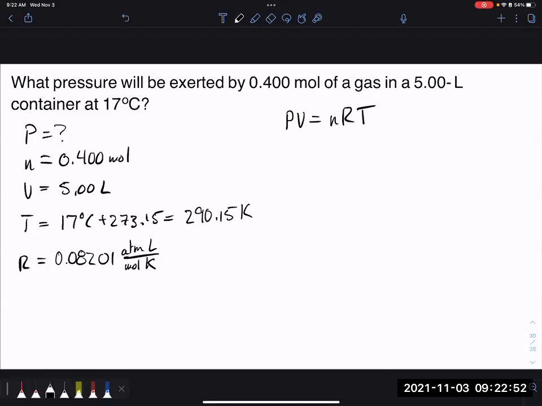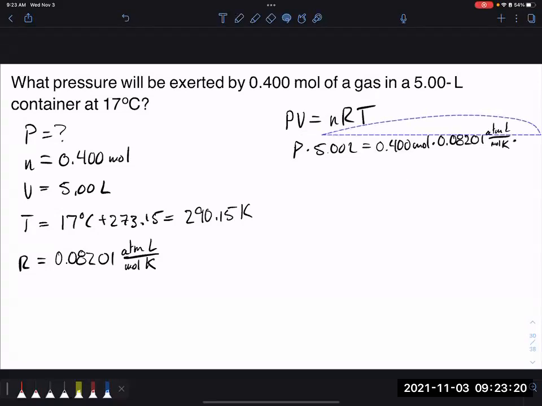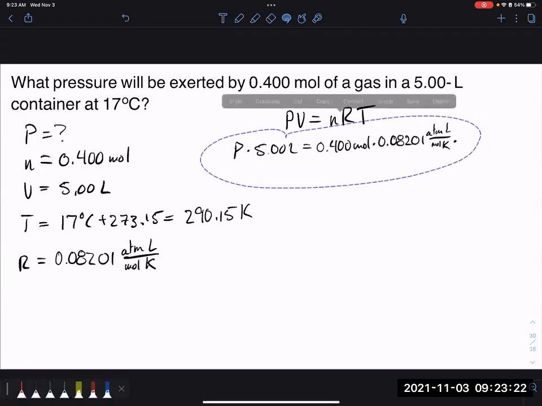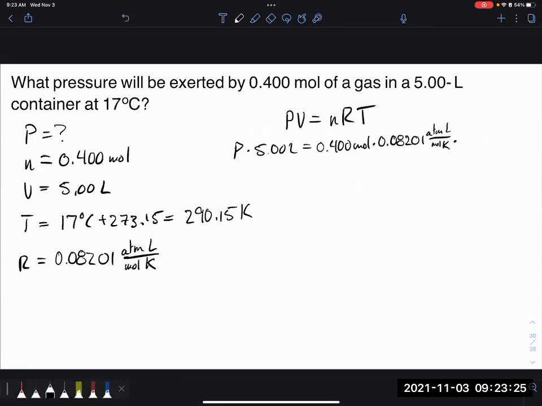Pressure is what we're looking for, times volume, so multiplied by 5.00 liters. n is 0.400 moles times our R value, 0.08201 atmosphere liter per mole Kelvin, times our temperature, 290.